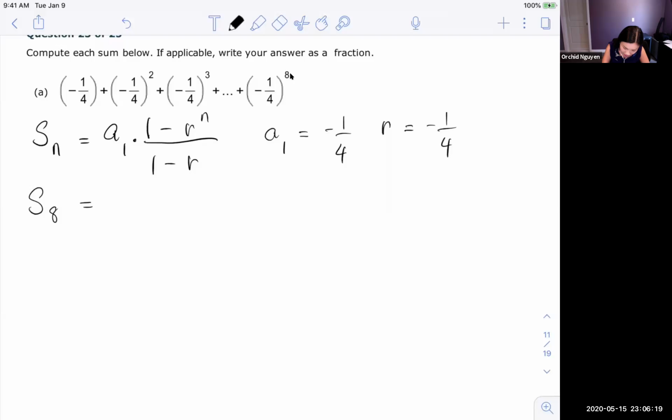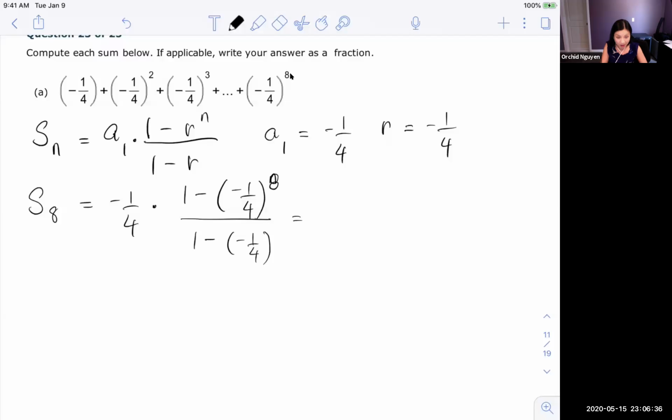So I'm just going to plug it in. -1/4 times (1 minus, don't forget the parentheses right there, (-1/4) to the 8 power) over (1 minus -1/4). You should keep fractions like that. It's not that bad to work out.